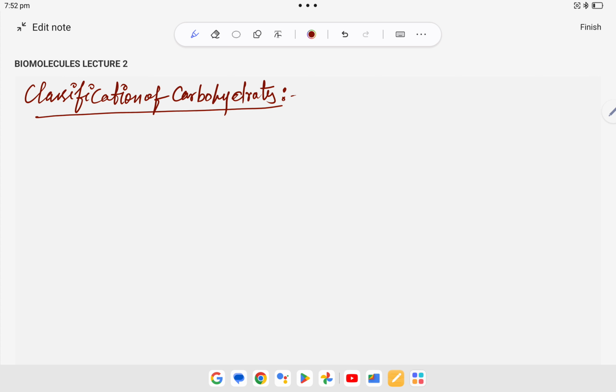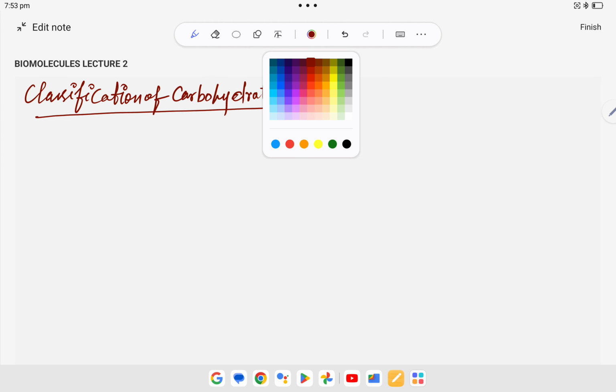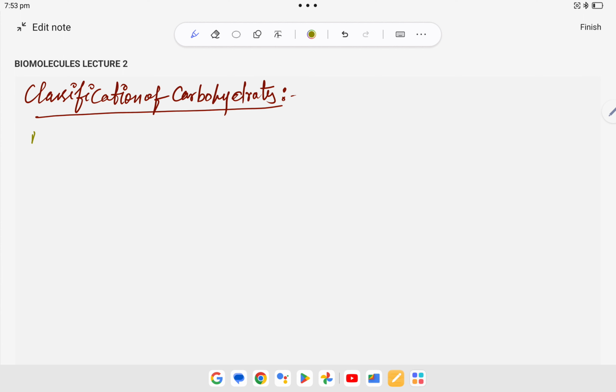If we have time, then preparation of glucose and something about glucose we will also discuss. So let's see how much we are able to complete. In the case of classification of carbohydrate, first classification is on the basis of functional group.